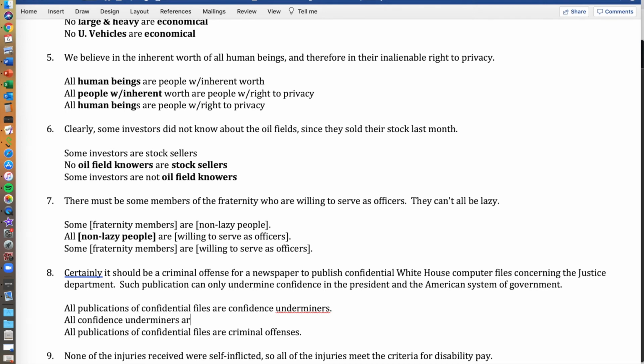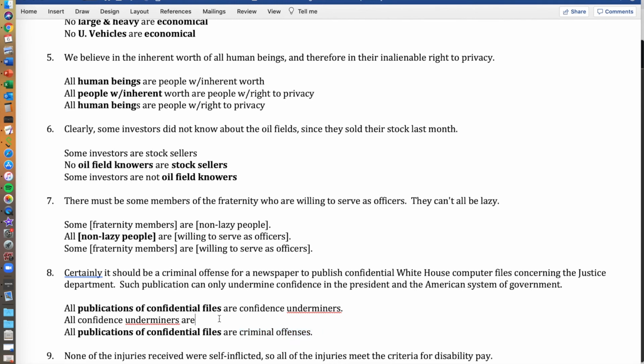Okay? And then I can go to the end terms, the two terms that are in the conclusion. Publications of confidential files already appears twice. In the conclusion, it is distributed because it's subject of a universal, and it's also distributed in the first premise as the subject of a universal. And that's fine, that's equal distribution. Then I have criminal offenses, which is not distributed in the conclusion because it's predicate of an affirmative, but I know this is also the missing term of the missing premise.